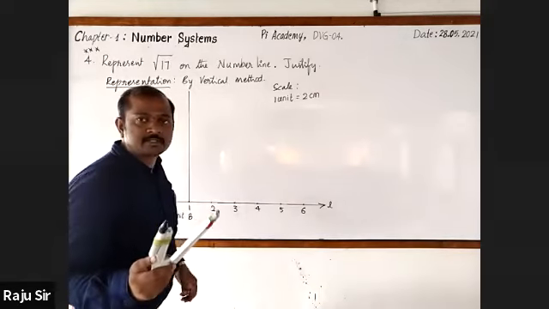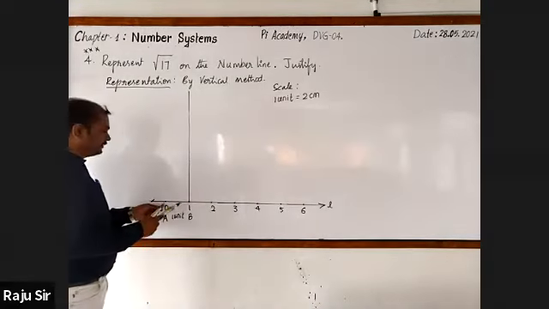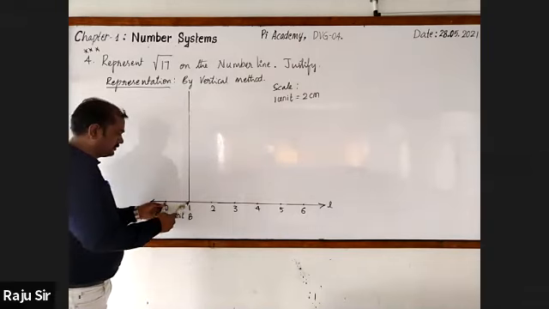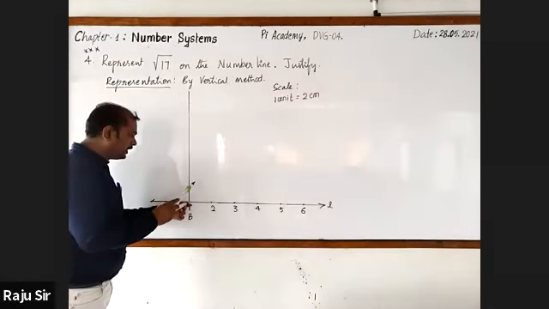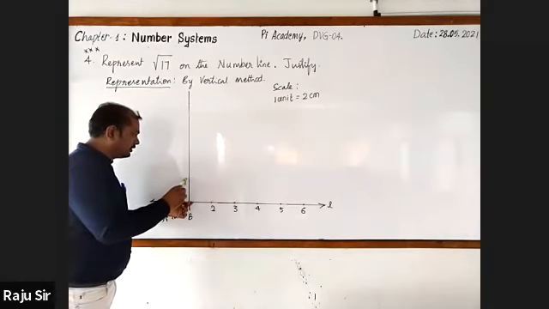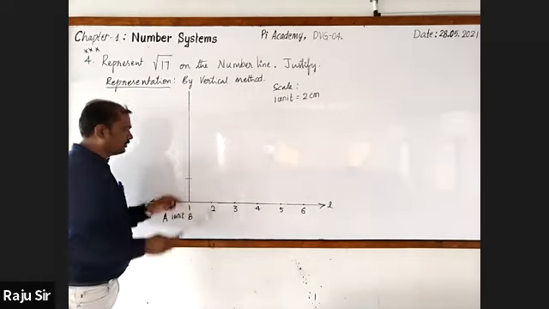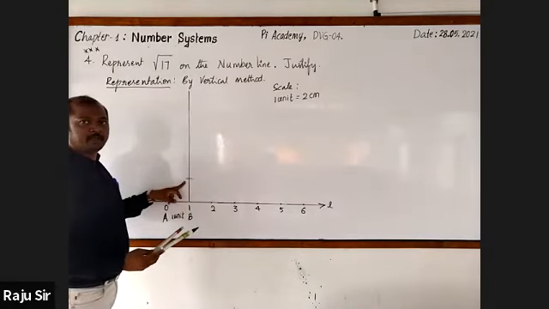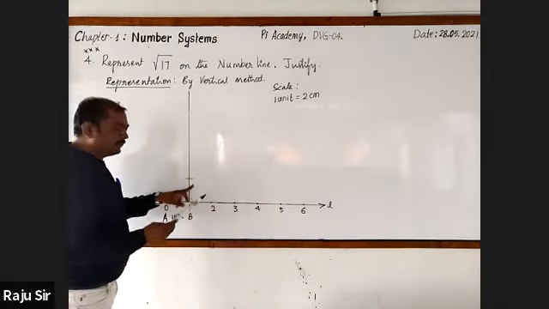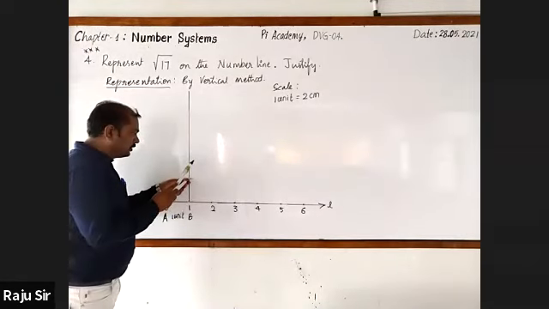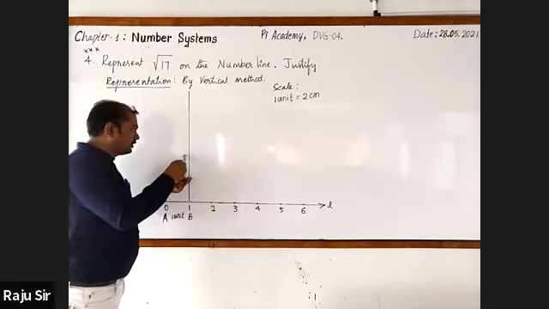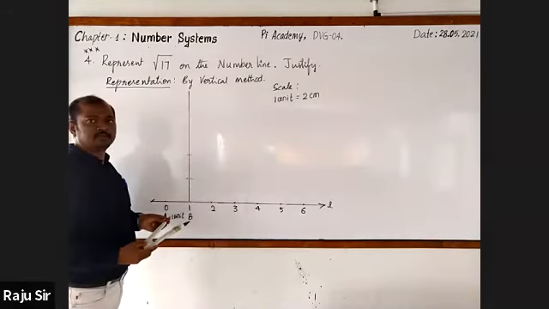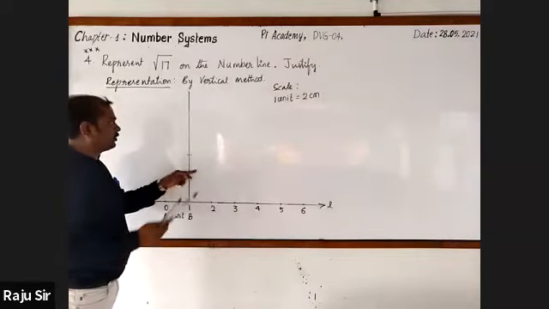Use the compasses. Take the distance of AB. Next, with B as center, draw an arc which cuts the perpendicular at a point. So 1 unit is over. Next, from this point with the same radius, draw a second arc. 2 units are over.